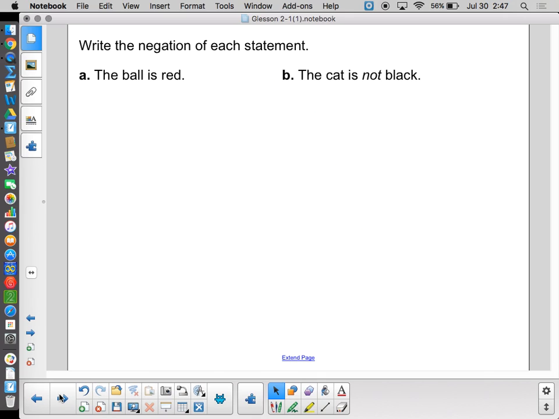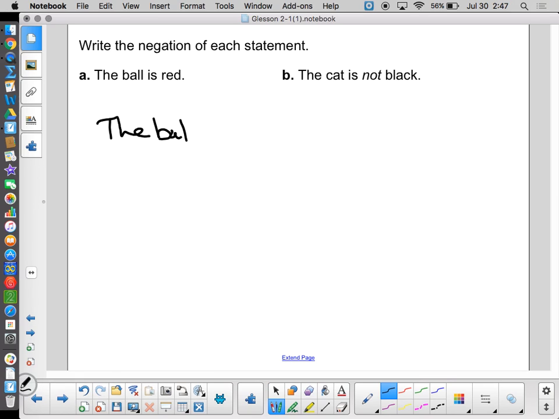So the negation of the ball is red would be the ball is not red. The cat is not black. The negation would be the cat is black, since you already had the not there, we're going to eliminate it. Good for the kids.